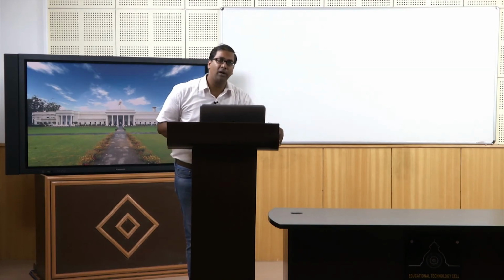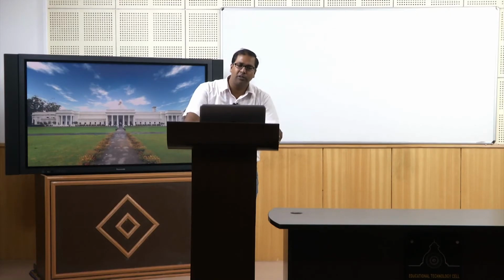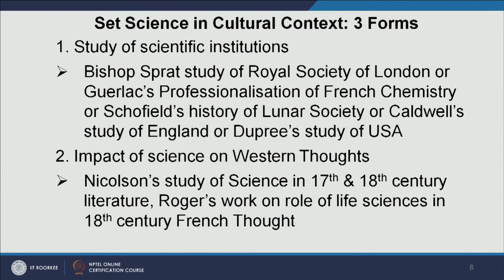Bishop Spratt's study of the Royal Society of London is an example, or Guerlac's professionalization of French chemistry, or for that matter, Schofield's history of the Lunar Society, or Caldwell's study of England, or Dupree's study of the US.